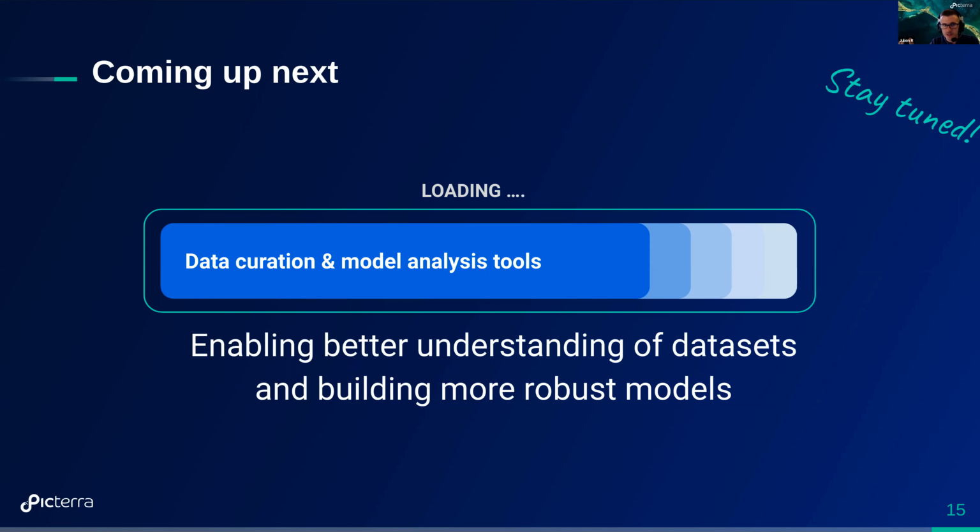And this is not just a problem on Picterra, it's an industry-wide problem that nobody has a good answer for. But what we are working on is some visualization tools to guide you and give recommendations on how to improve your dataset.